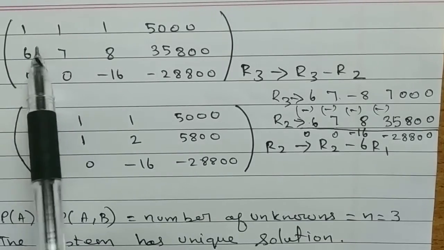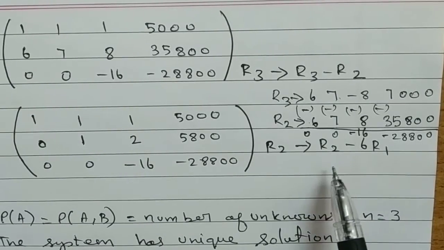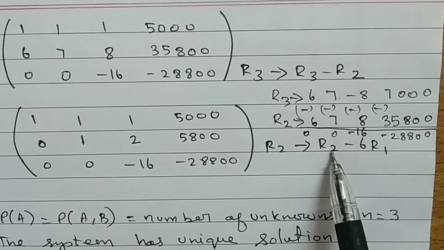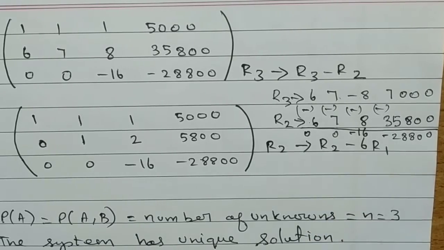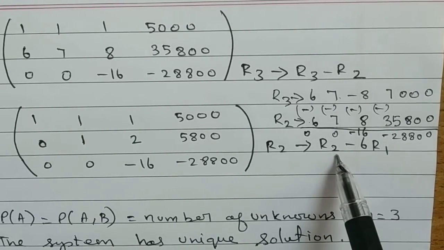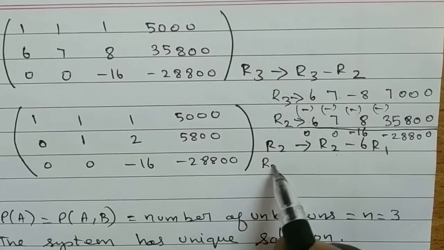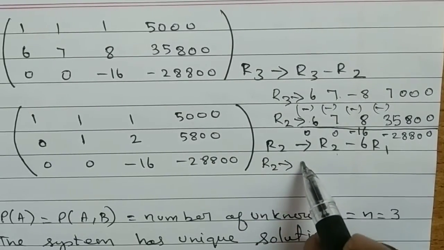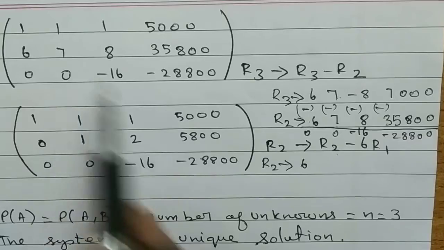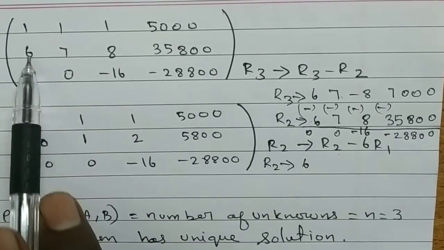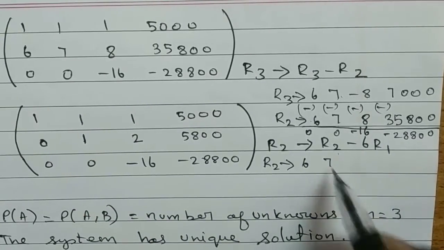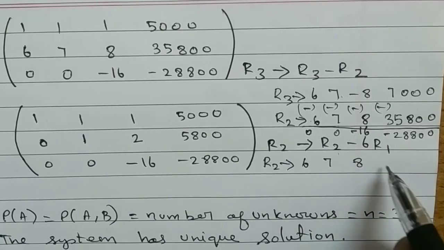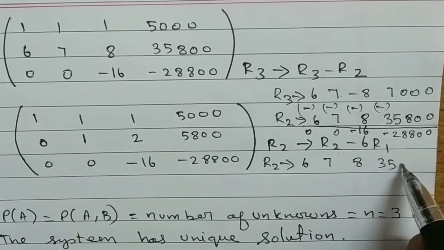Next one, I want to make this place value 0. So what is the one? R2 implies R2 minus 6R1. So what is R2 value here? R2 value is 6, 7, 8 and 35,800.